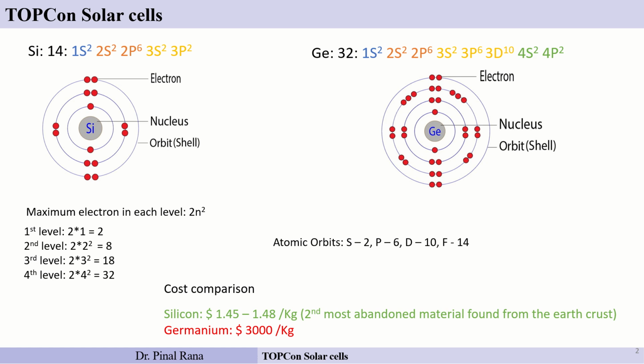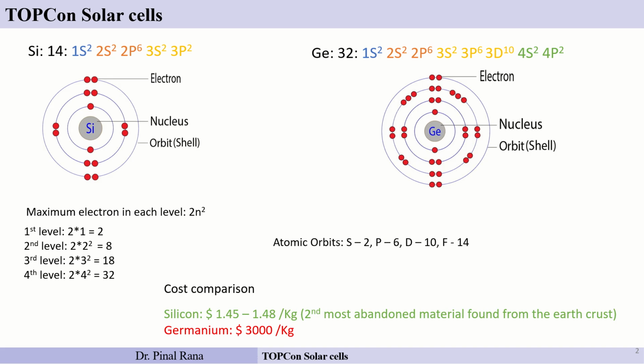However, germanium provides a higher conversion efficiency of a solar cell than silicon. Therefore, for space applications, we are using germanium because it provides higher efficiency, as high as 68 to 70%.